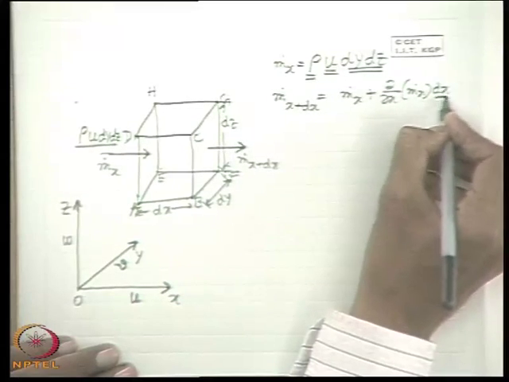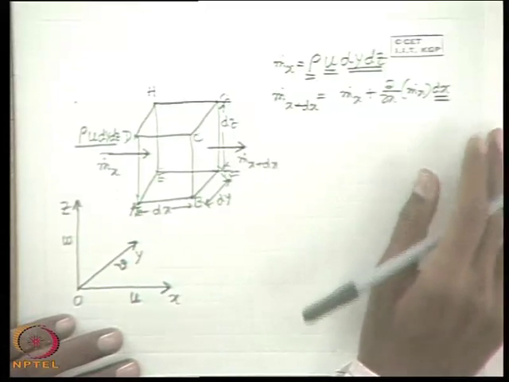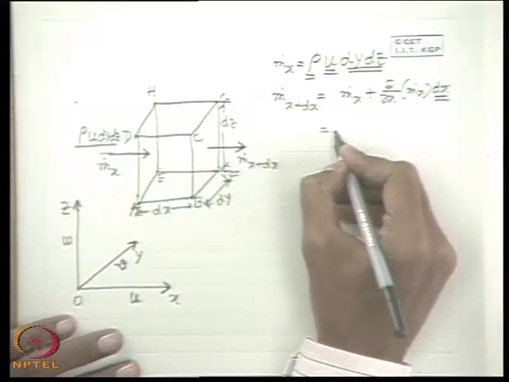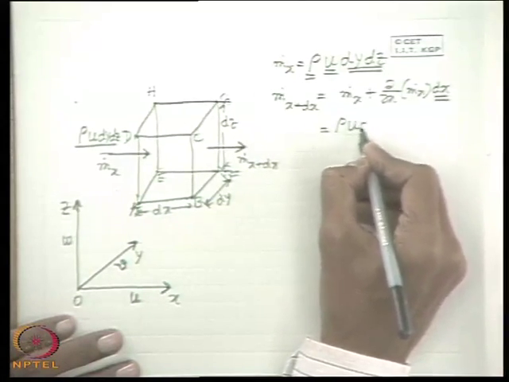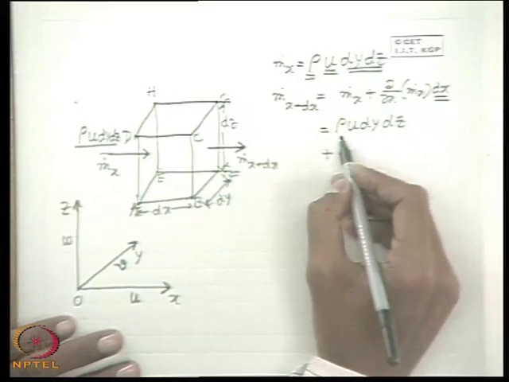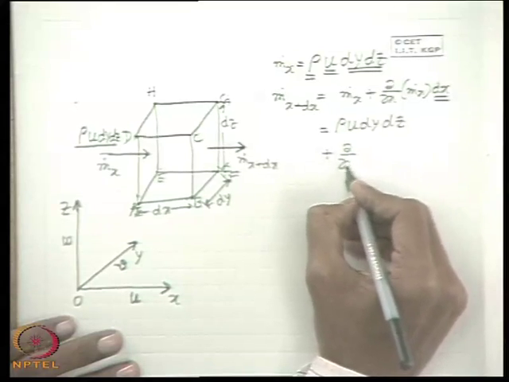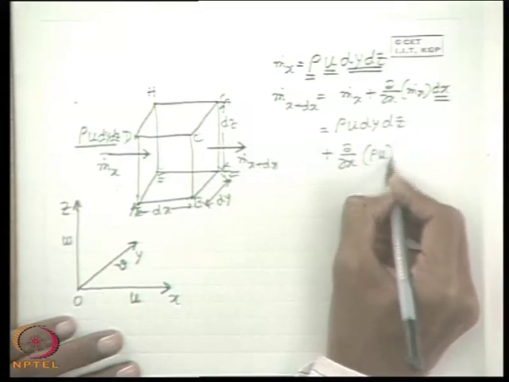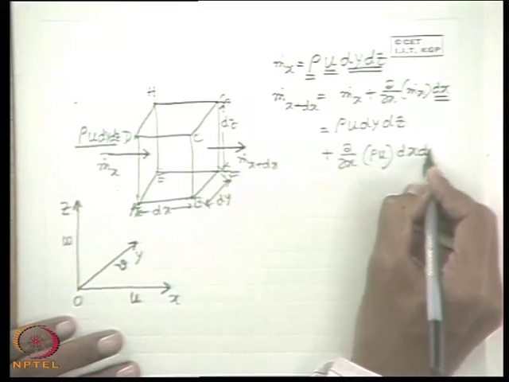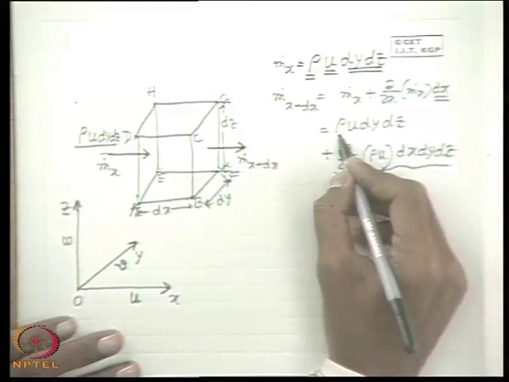Since dx is small, we can neglect the higher order terms in the Taylor series expansion. So simply we can write this is equal to rho u dy dz plus del x of rho u dy dz dx. That means del x of rho u dx dy dz is the term extra over this.